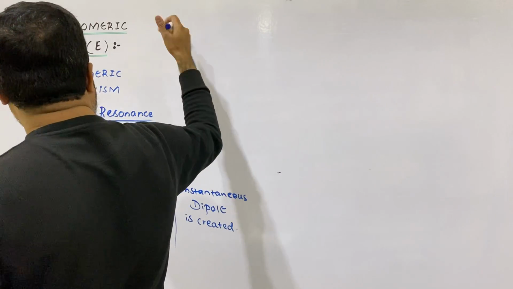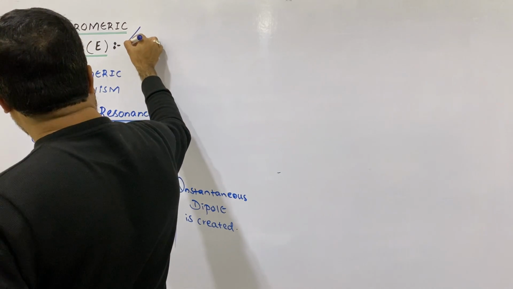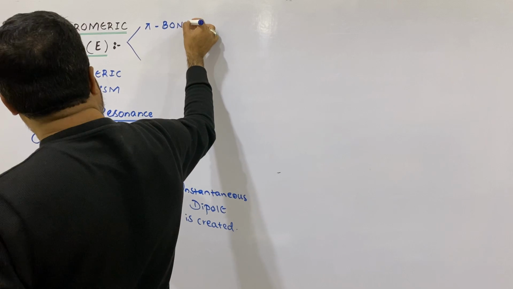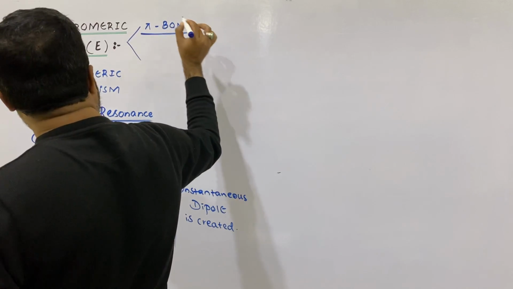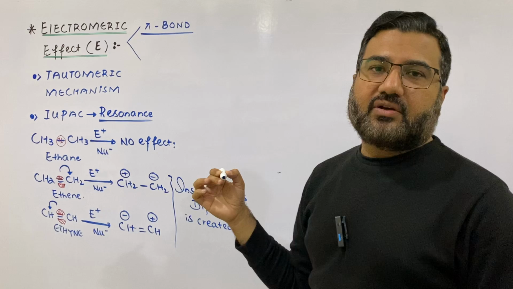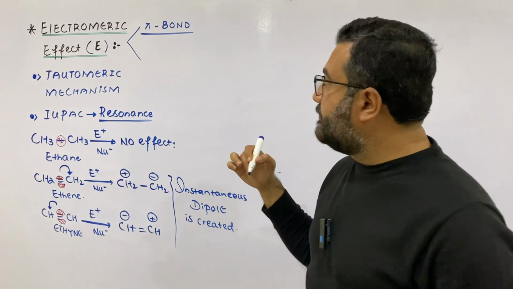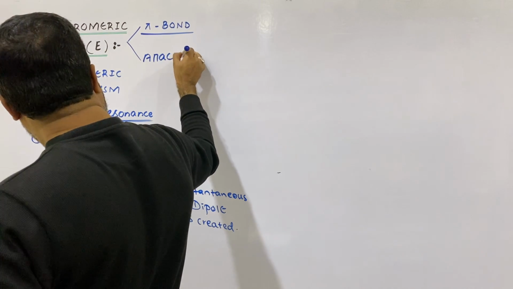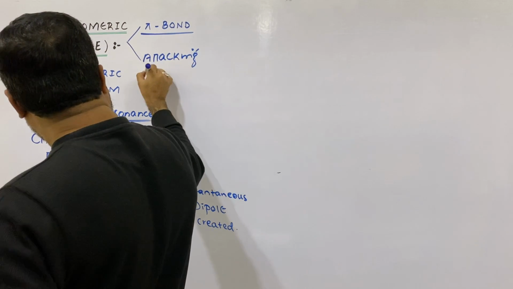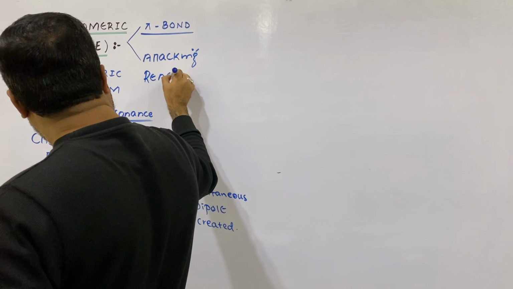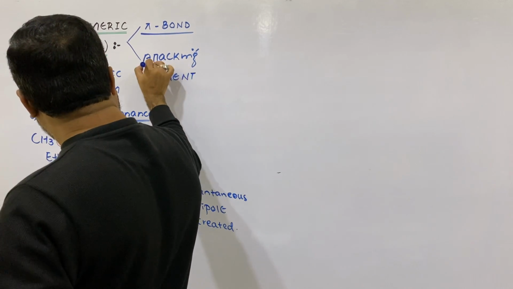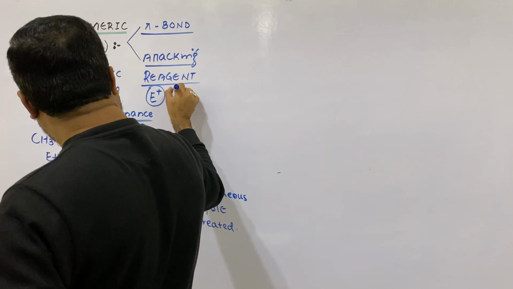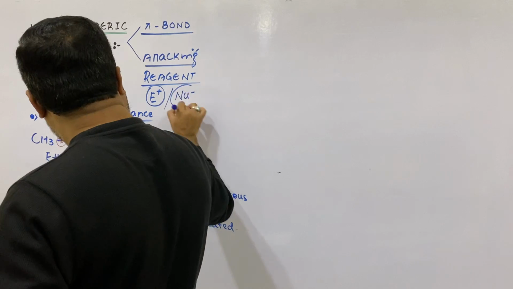Before defining, you must know that for the electromeric effect there are two conditions. There must be a pi bond in the organic compound, meaning the compound should be unsaturated. In saturated organic compounds, the electromeric effect is not observed. And second, there must be some attacking reagent in the reaction mixture, and that attacking reagent can be either an electrophile or a nucleophile.